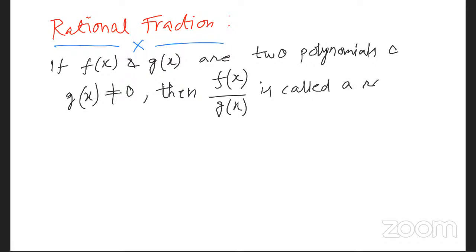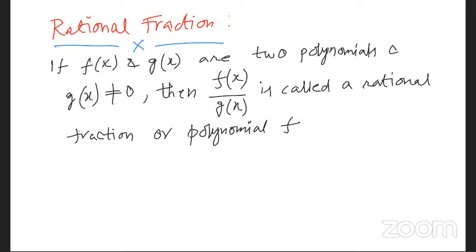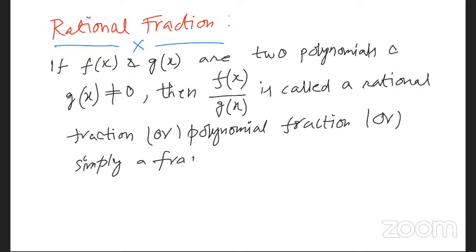a rational fraction, or it is also called a polynomial fraction, or you can simply call it a fraction.